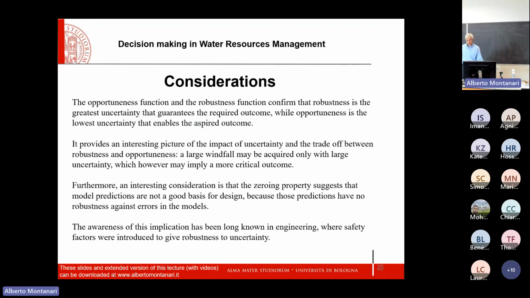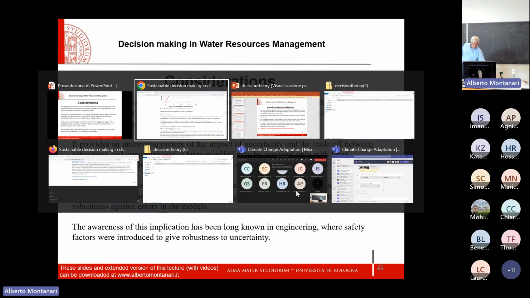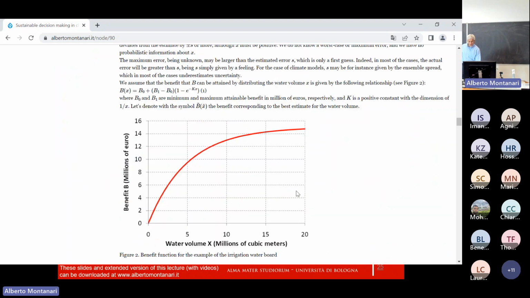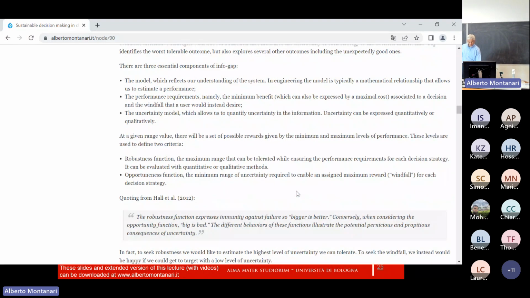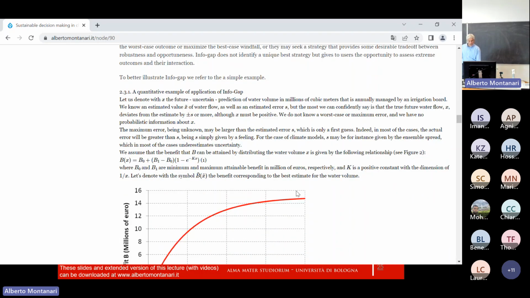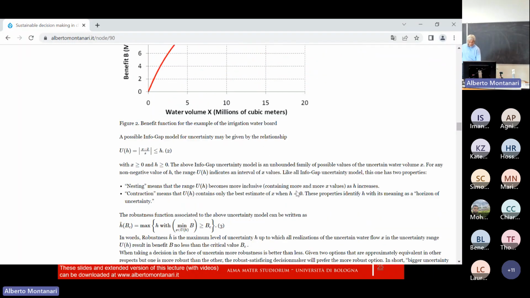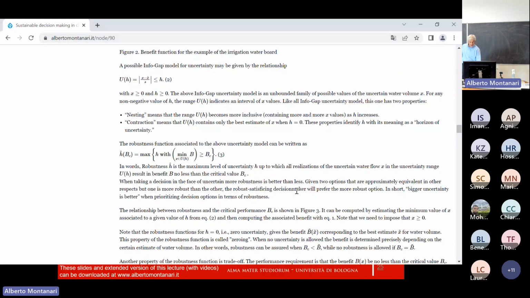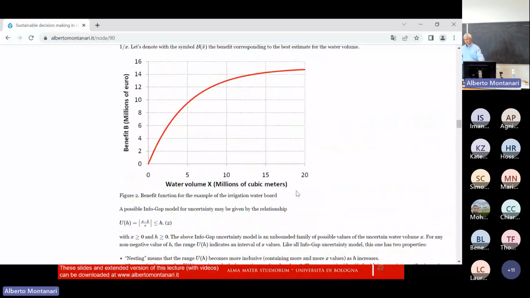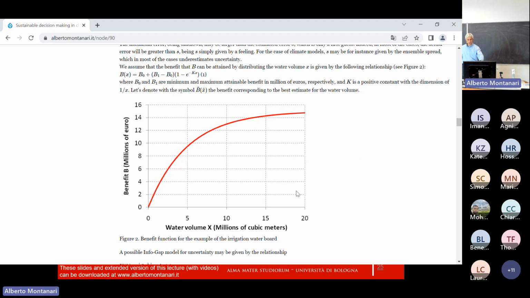Now the considerations are in this slide, but I already elaborated them during my explanation. I want once again to stress that you can easily try to reproduce this figure. This is the example that I mentioned. Starting from this benefit formula, which depends on X, and using this definition of opportuneness, you can reproduce this red curve. It's very simple. It's just translating into a graph the equation that you see on the top of the screen.